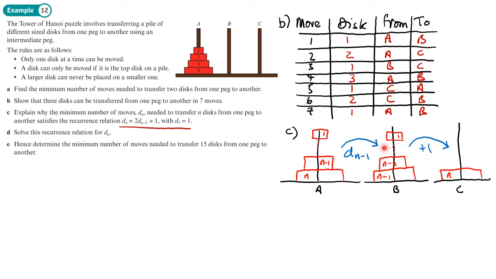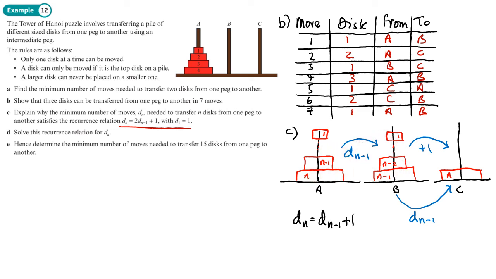Then I need to transfer these n minus 1 disks on top of disk n. Now we know from the question that's going to take dn minus 1 set of moves. Okay, that moves the n minus 1 disks off of the top of disk number n.